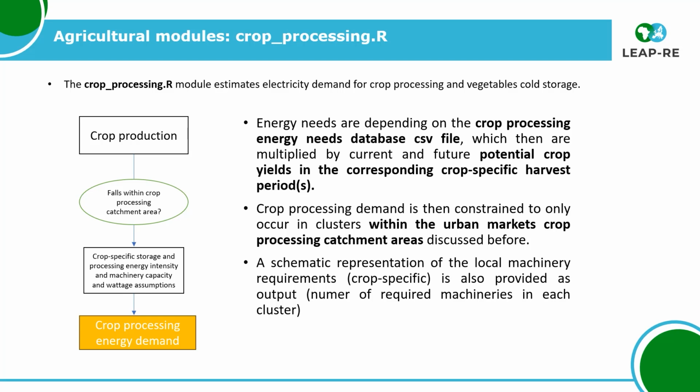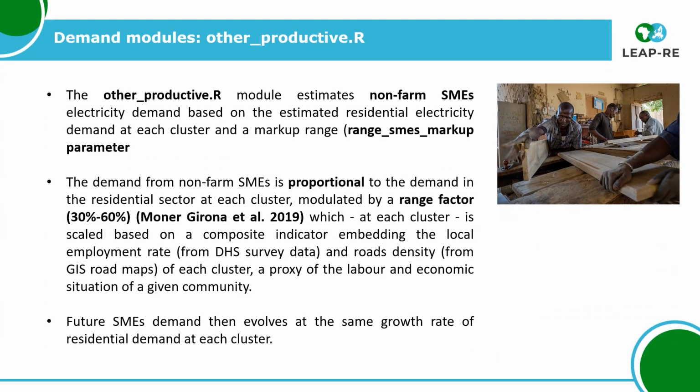So it's crop specific, and if the production falls within the crop processing catchment areas, then we estimate how much energy could be locally required to locally process those products, which then could be sold at the locally accessible markets. Of course, this depends on the local crop yield and production, and also their expected growth over time as derived from their water crop model.